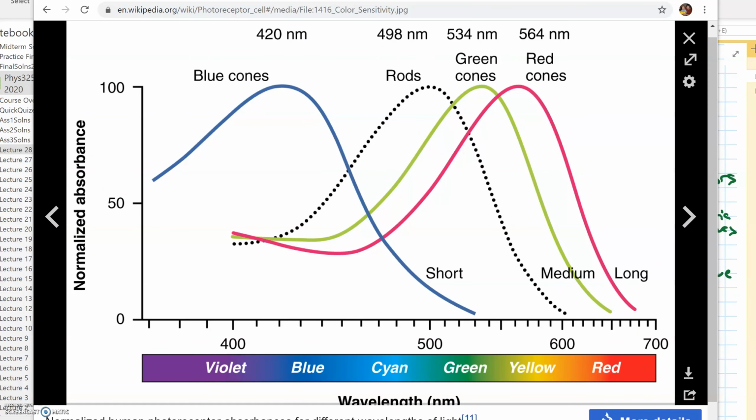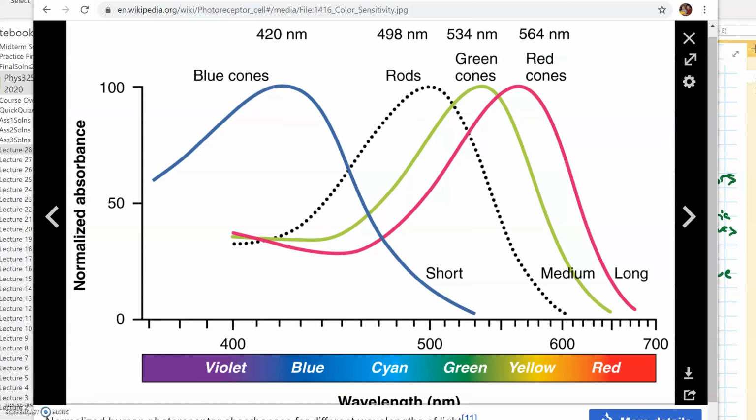And here's an example of the optical response of the rods, nearly in the center there, and the different wavelength dependent response of the blue, green, and red cones. You see there's a lot of overlap. So when we're looking at 564 light, which looks fairly red, or even looking around here, we're getting both the green and the red firing, and that gives us a sensation of orange.